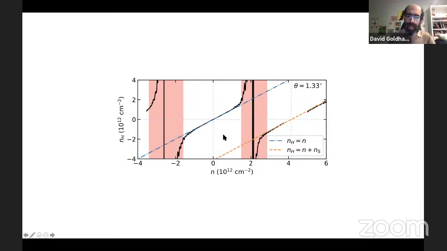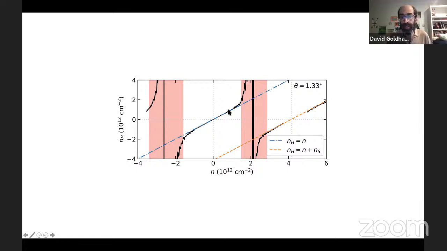So maybe we can get a clue by looking at what's happening to the Hall effect as we tune gate voltage. Near the charge neutrality point, the Hall effect gives you a density that just goes linearly with gate voltage. That's what you expect normally. Then in these regions where we get the strong magnetoresistance, what we see is a Van Hove singularity.